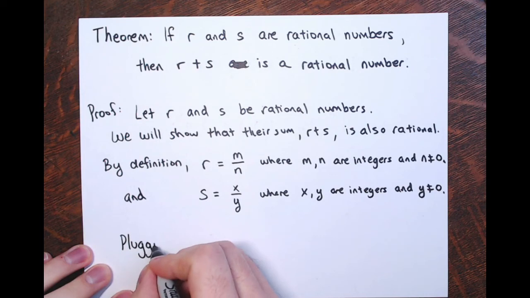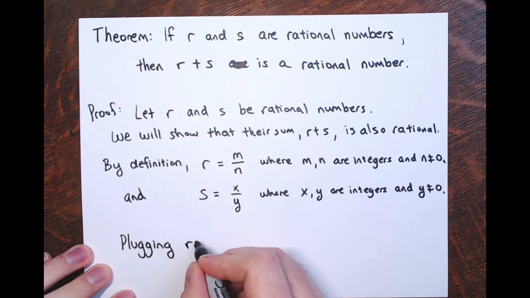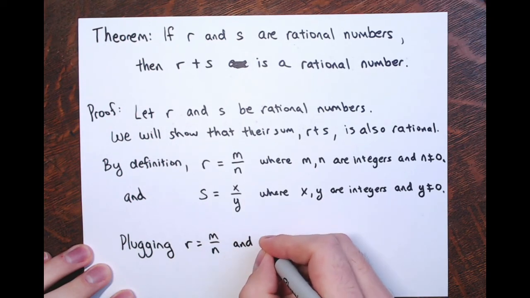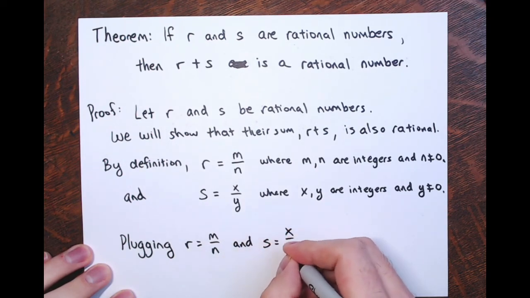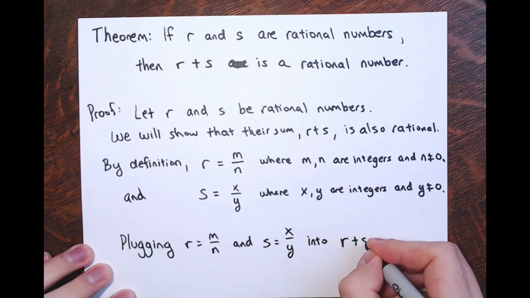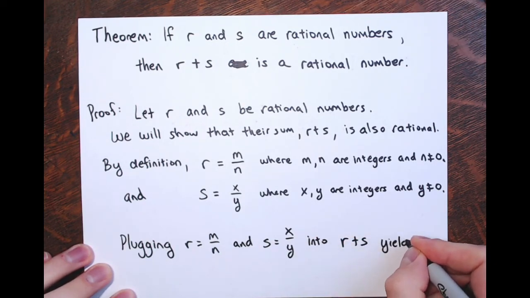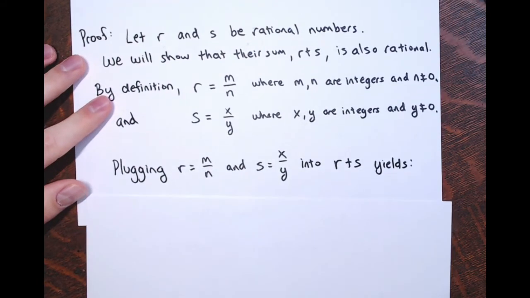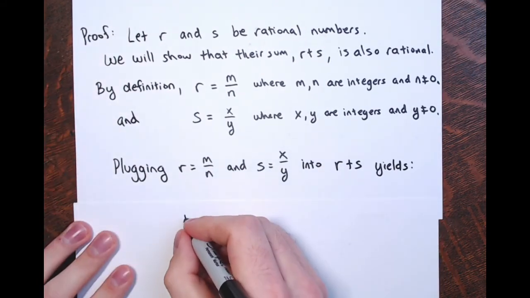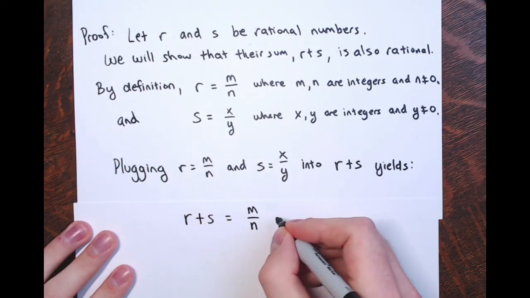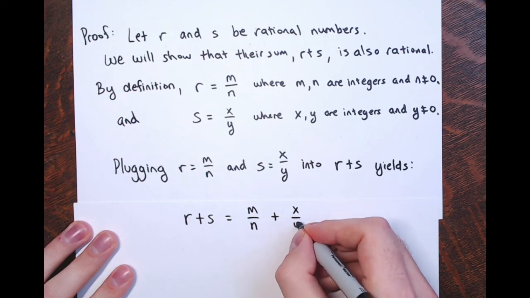Plugging R equals m over n and S equals x over y into the expression R plus S yields the following. So we start off with R plus S equals m divided by n plus x divided by y.